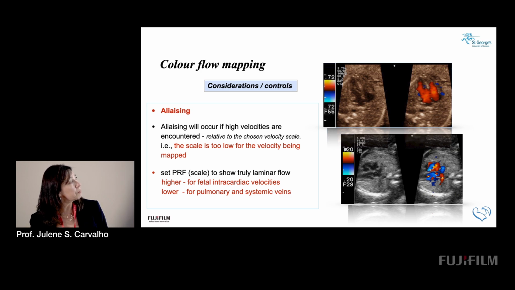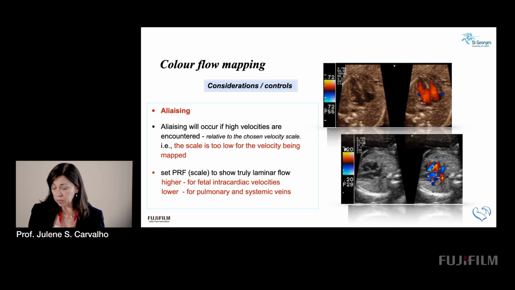These are two very simple still images showing that if you use a velocity around 70 for the intracardiac structures in mid-gestation, 20-24 weeks, you should get a smooth color called laminar flow. The velocity that you display is dependent on that scale, and this is usually in centimeters per second.